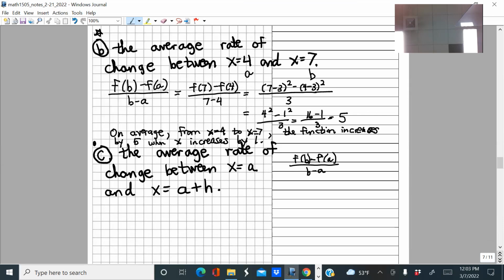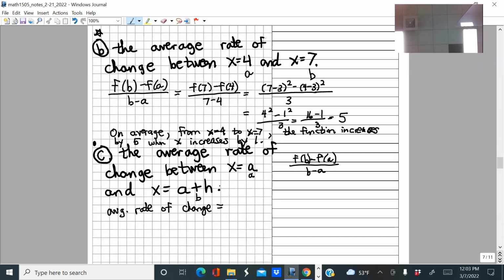Okay. So, the first part of getting this correct is you've got to write it down properly. So we want to calculate this average rate of change between these two values. This is the B value, the second value, and the A value is A. So this is what you're going to plug into your average rate of change formula.